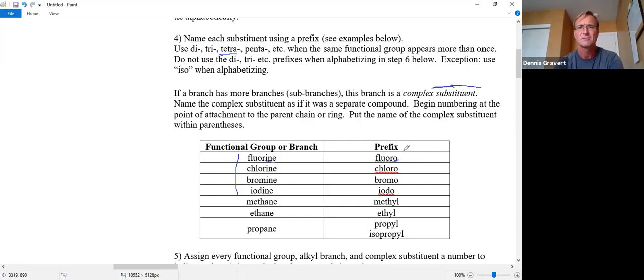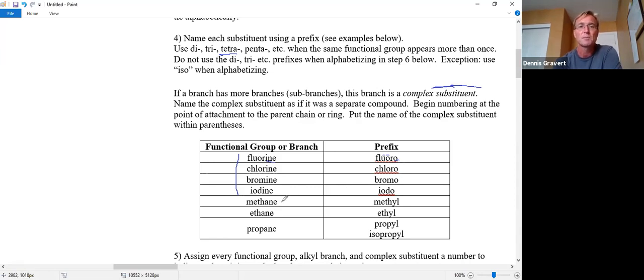Oh, and just so you get the spelling right, it's a U before the O. My teacher told me that fluorine has the flu, or fluorine. And then chloro, bromo, iodo, those are the names of the 4 halides you'll see in my class.